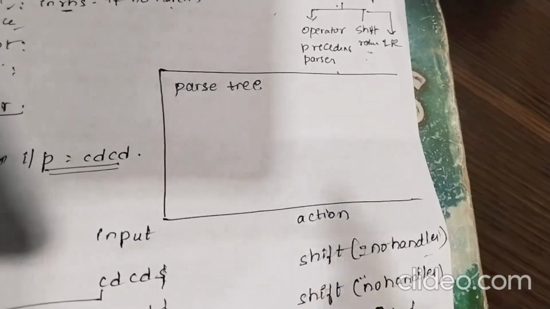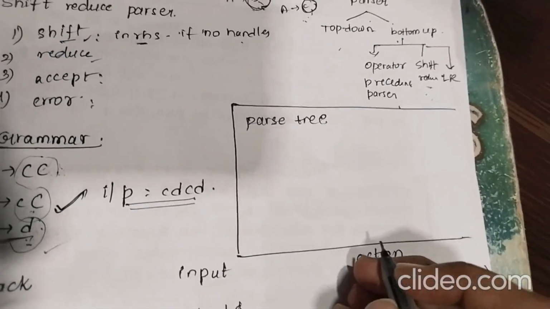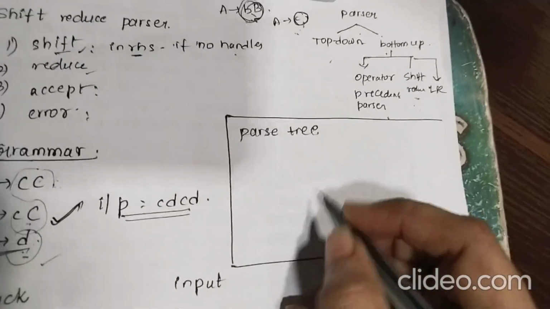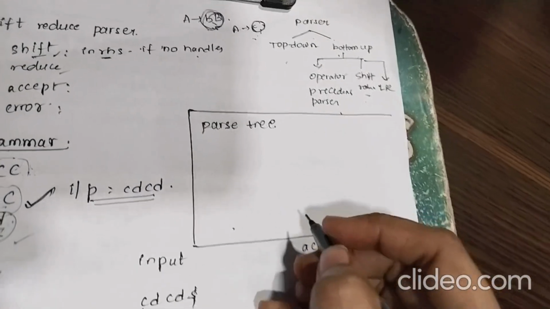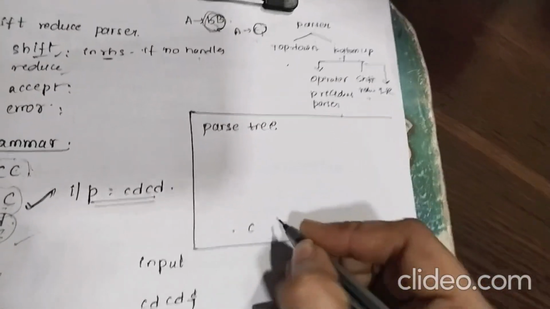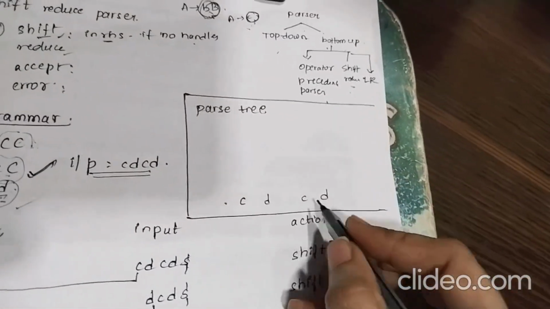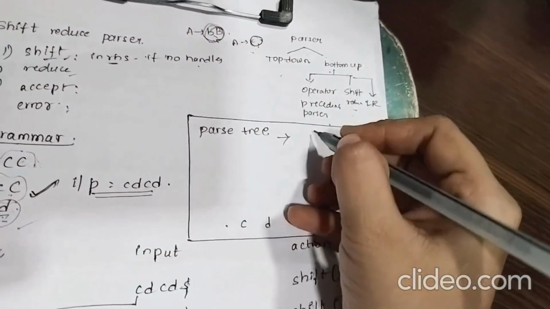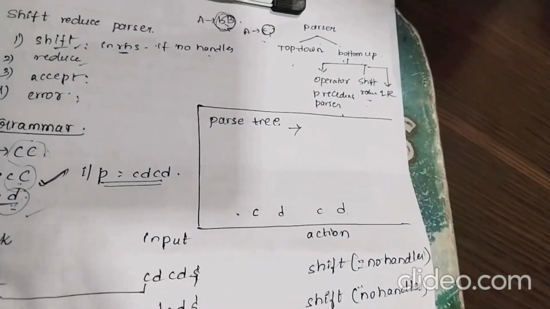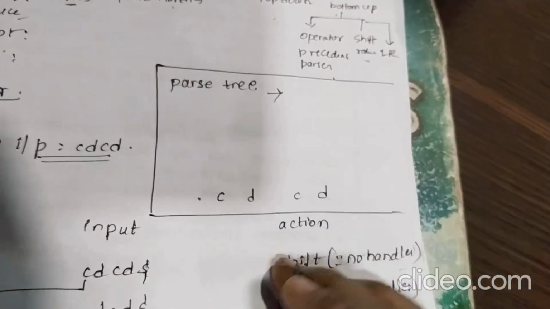Okay. So in order to construct the parse tree, this is a bottom up approach, right? So from leaf node to root node you need to come to construct a tree. So what are the input elements? C, D, C, D. In order to calculate the parse tree, you calculate it based on the reduce actions.